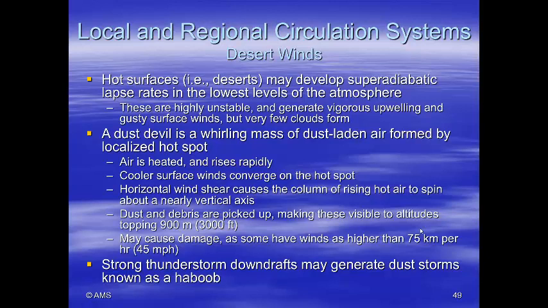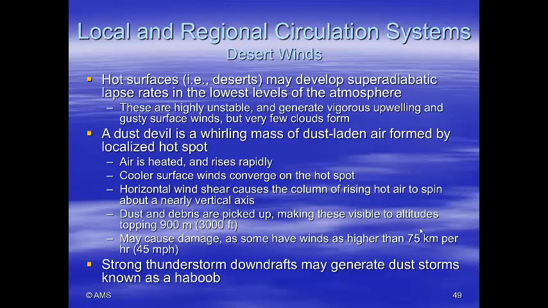And we can have a dust devil, which is a whirling mass of dust-laden air formed by a localized hotspot. So the air is heated and it rises rapidly. Cooler surface air converges on the hotspot, and horizontal wind shear causes the column of rising air to spin around a nearly vertical axis.